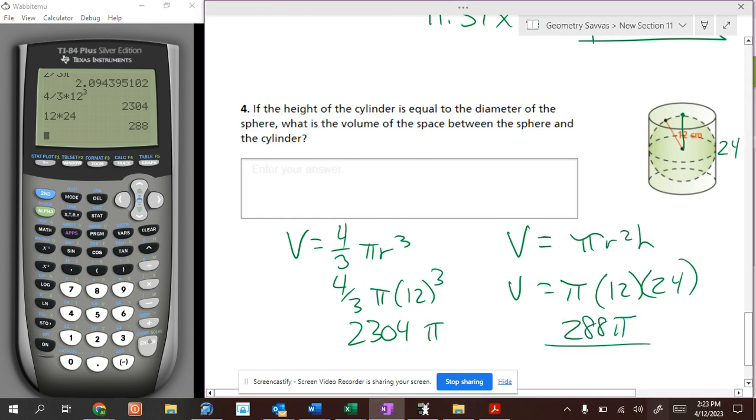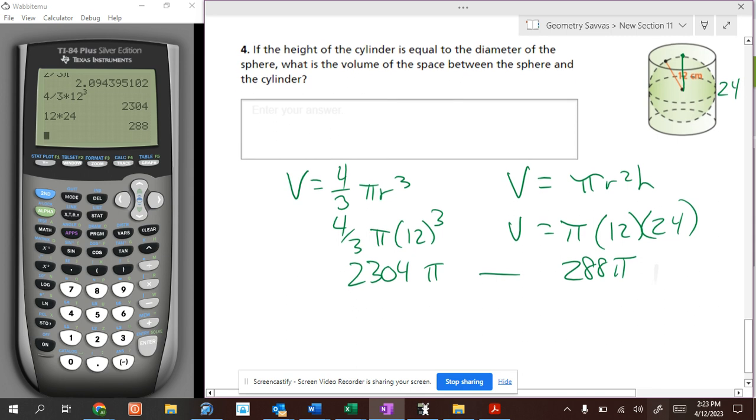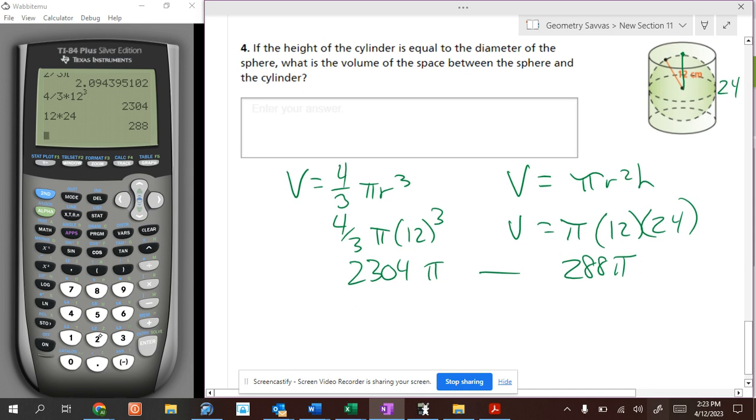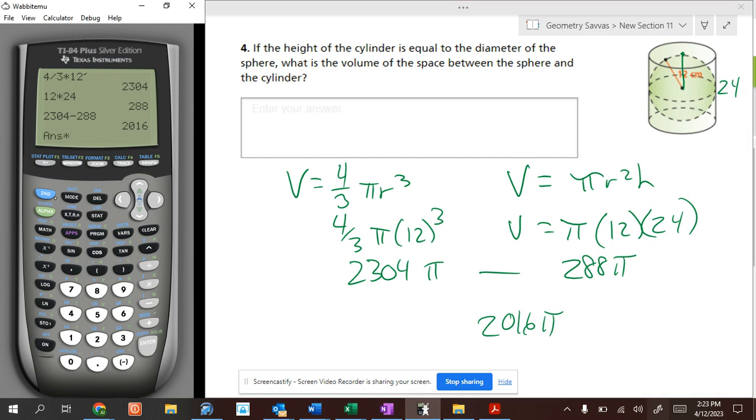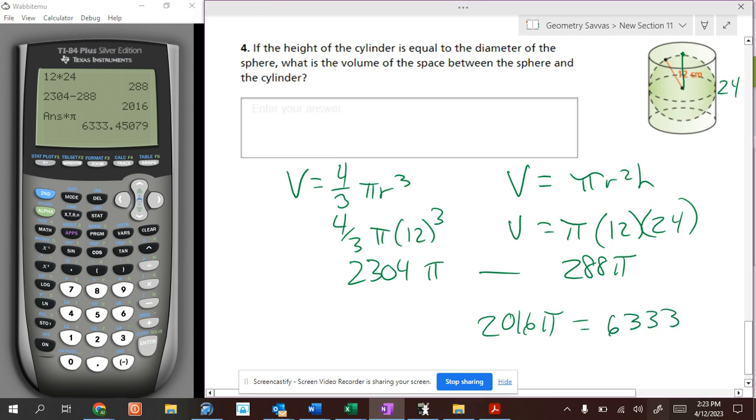So we take 2304 pi minus 288 pi. 2304 minus 288 is 2016 pi, or a difference of 6,333.